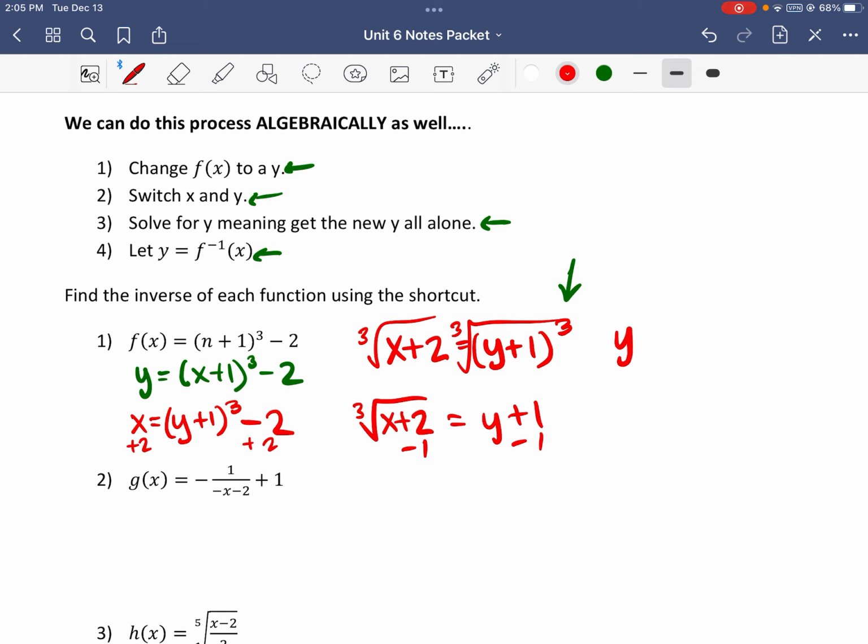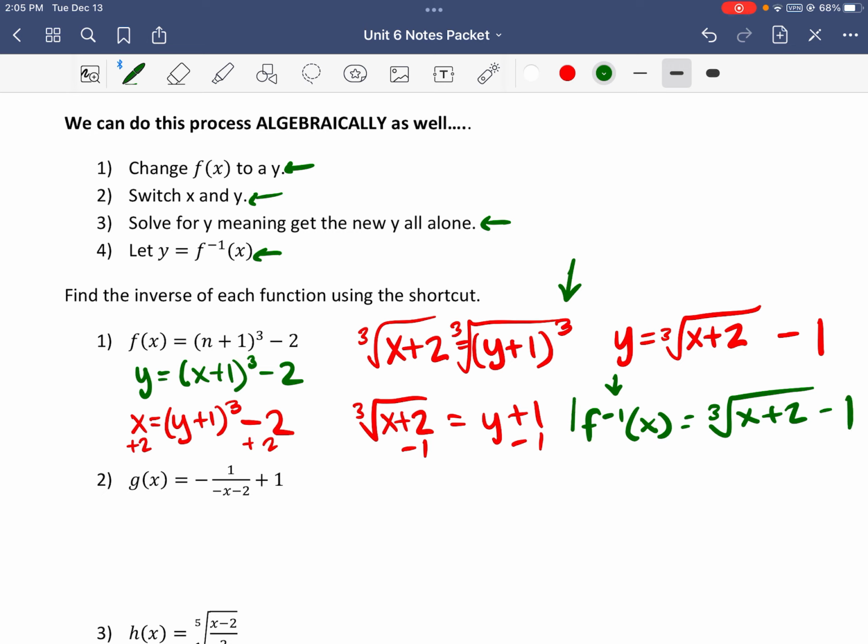So now we have y equals the cubed root of x plus 2 minus 1. Now to finish this off, we're going to change y back to now the inverse function, minus 1.